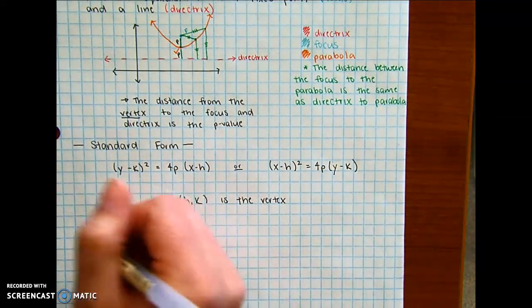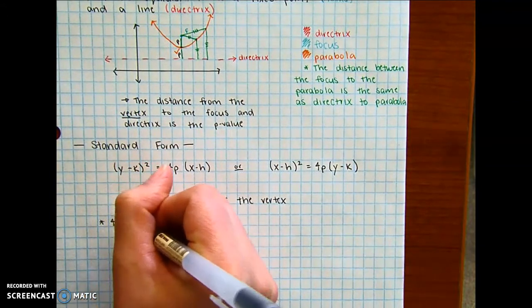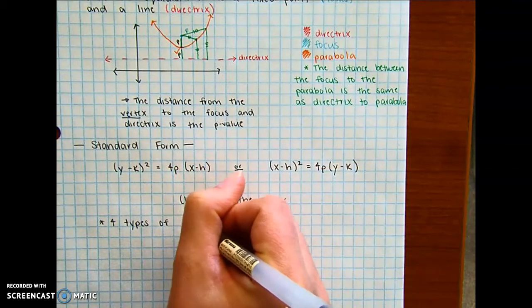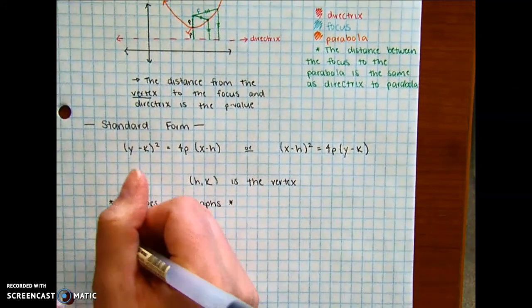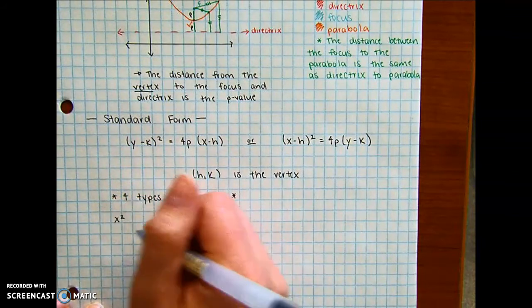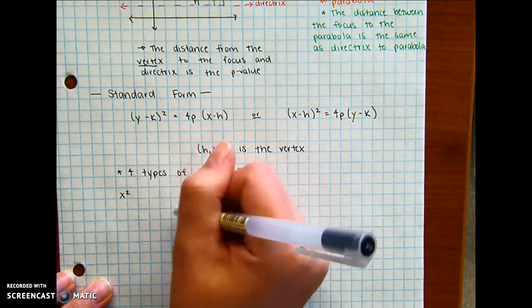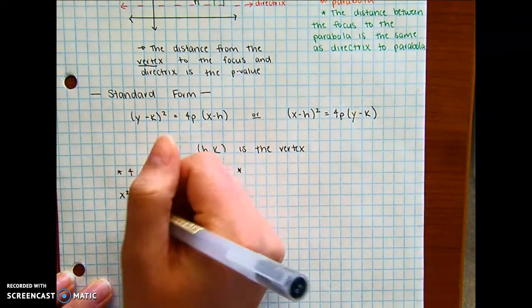Now there are 4 types of graphs. The first type is going to be dependent on if it's x squared or y squared. So if it's x squared, you know it'll be opening upwards or downwards, and so then you have to look at your p-value times the 4.